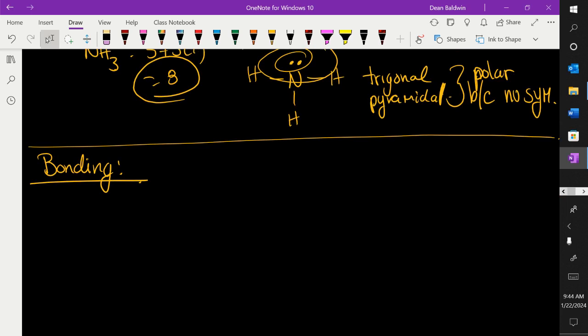So what are the types of bonds that we learned? That you have learned? If I say a bond in a molecule, there's 3 types. There's metal, non-metal would be ionic.